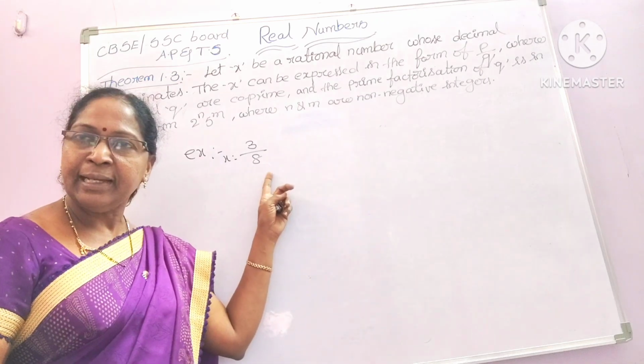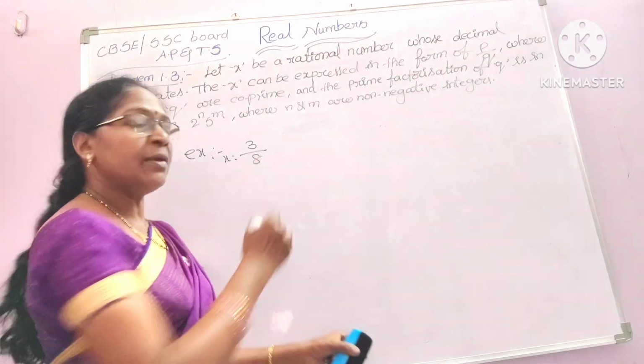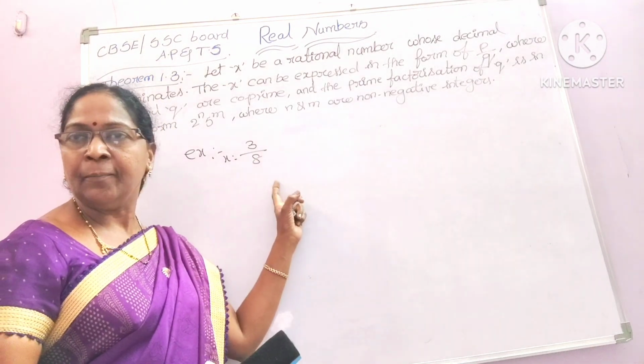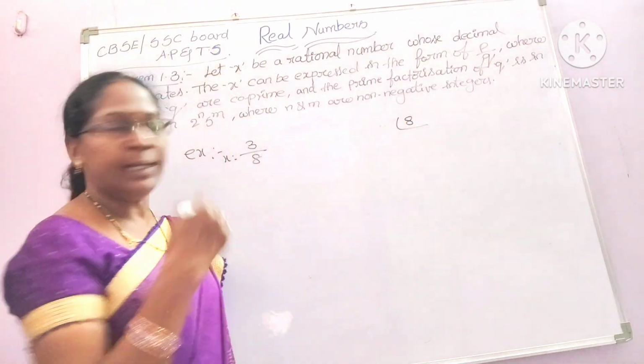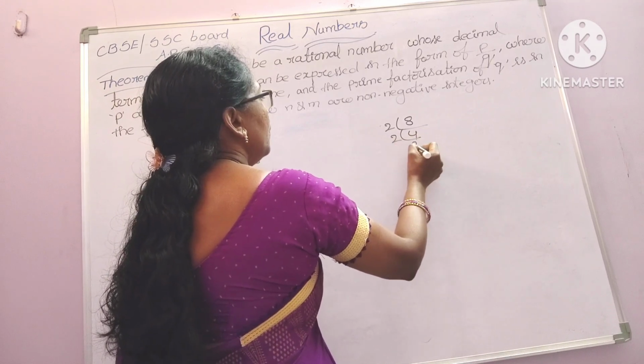You get the clarity? Now, see how you can write that. By using the prime factorization method, you have to find the factors of the denominator value. So, 8 is the given number, and 8 is an even number. In 8, 2 divides 4 times, then again 2 times.